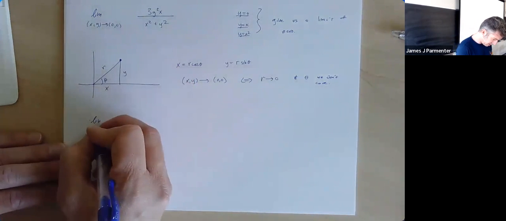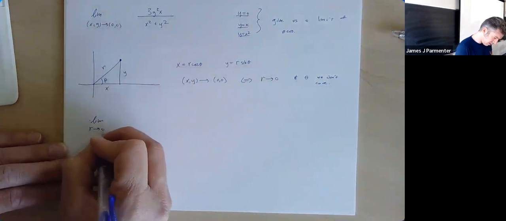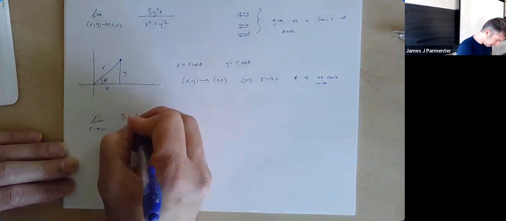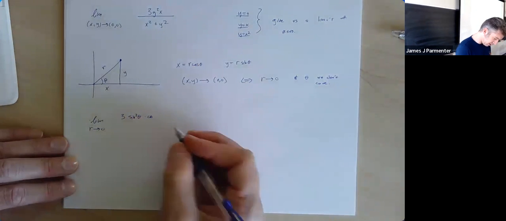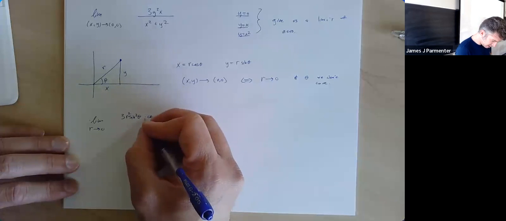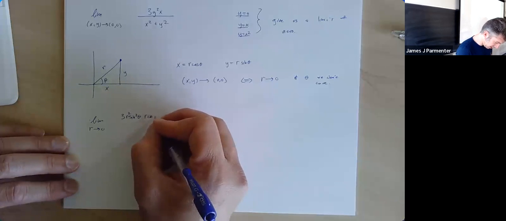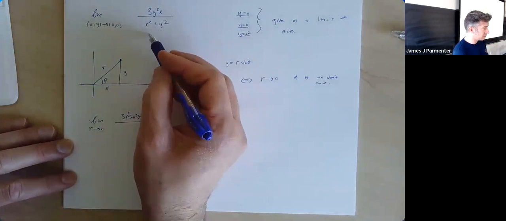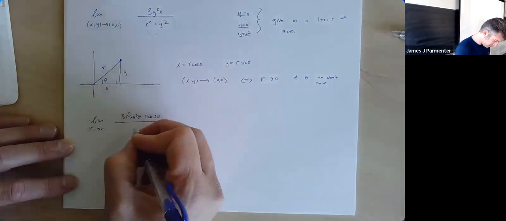We're going to get the limit as r approaches 0 of, I'm just replacing things, 3 times r squared times sine squared theta times r times cosine theta, sorry, I forgot the r, over x squared plus y squared, which is going to be r squared. Look at the right triangle there.